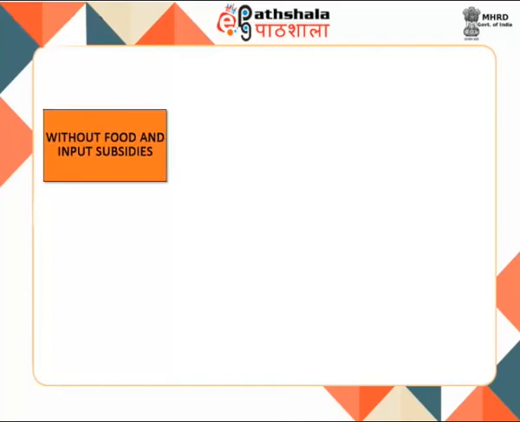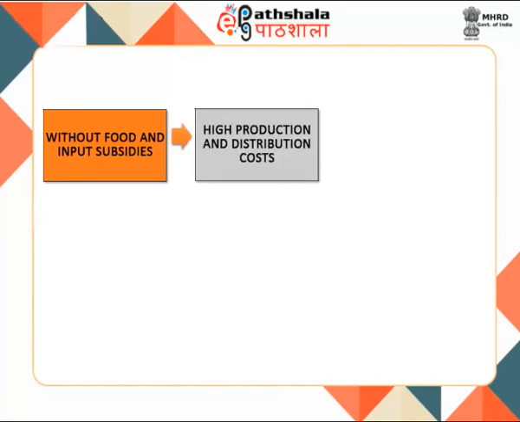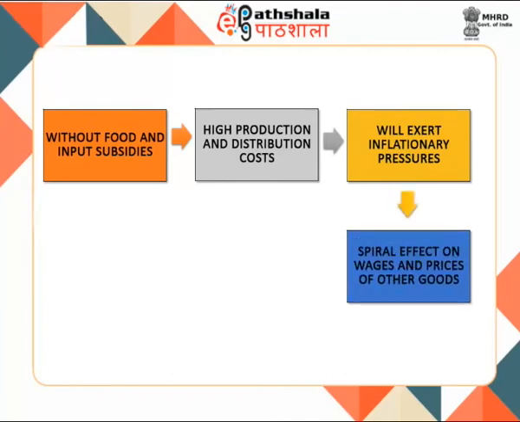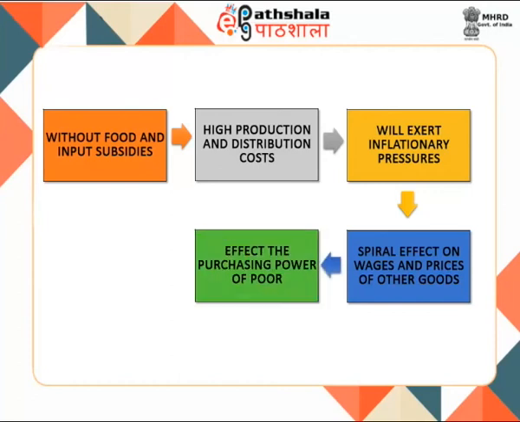Without food and input subsidies, high production and distribution costs will exert inflationary pressures and have a spiral effect on wages and prices of other goods. This will cut into the purchasing power of the most vulnerable groups, pushing them further into destitution and malnutrition.